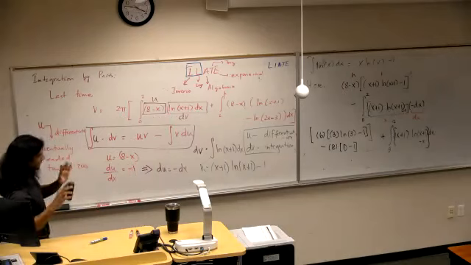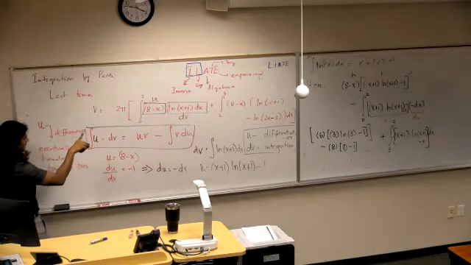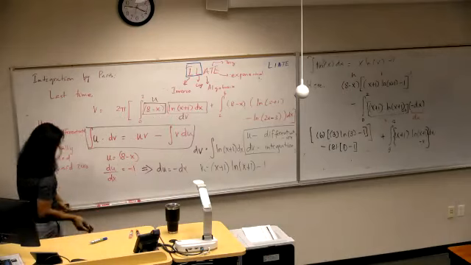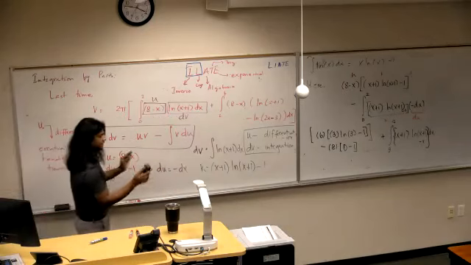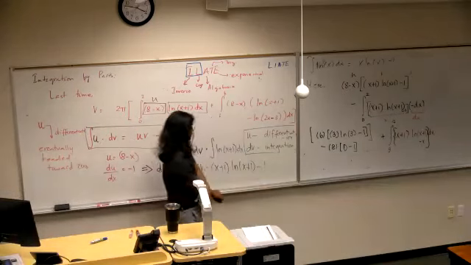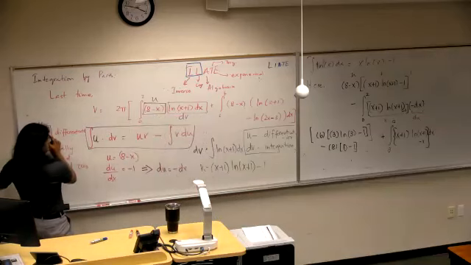Okay, now for an easy problem. Isolate, u must go to 0, and for dv, you are going to integrate in such a way that things simplify and don't get overcomplicated. Okay. Erase.